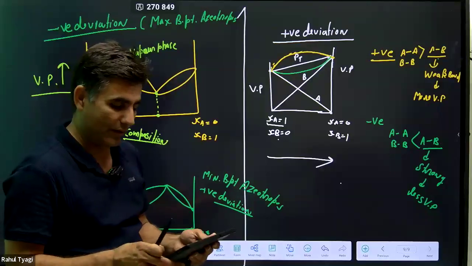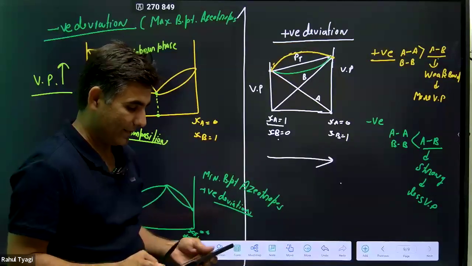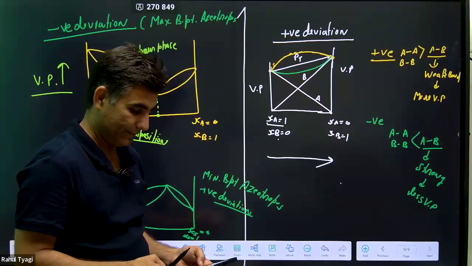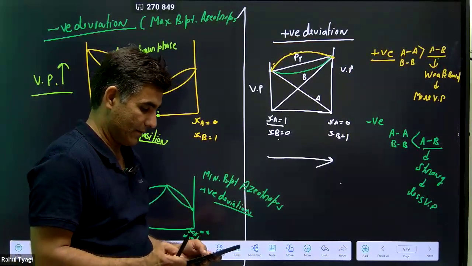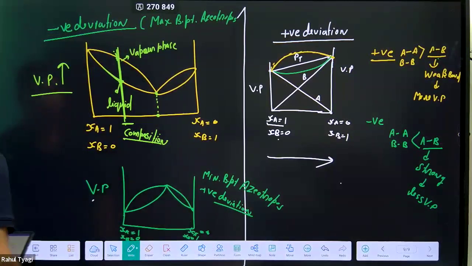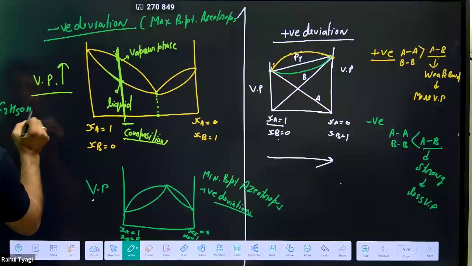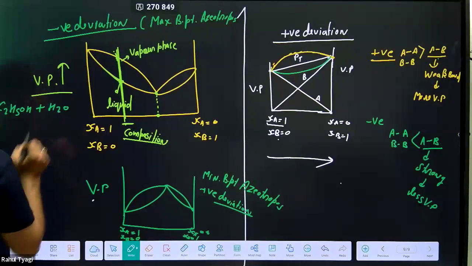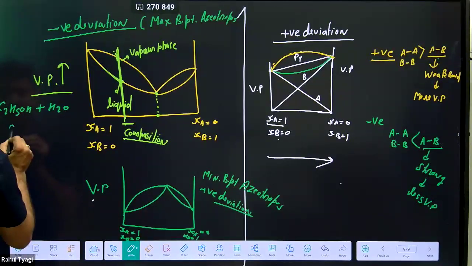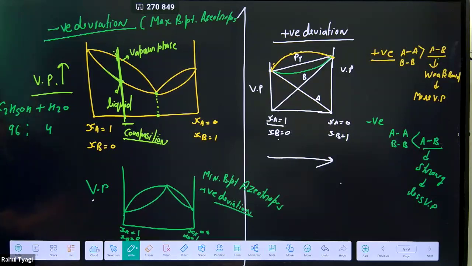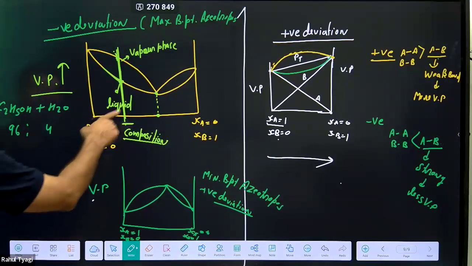Whatever is mentioned in your NCERT. See, it says C2H5OH plus water, 96% of C2H5OH and 4% of water, they form the minimum boiling point azeotrope.